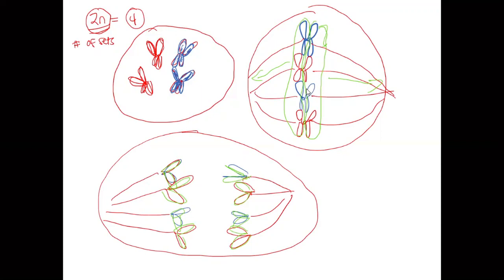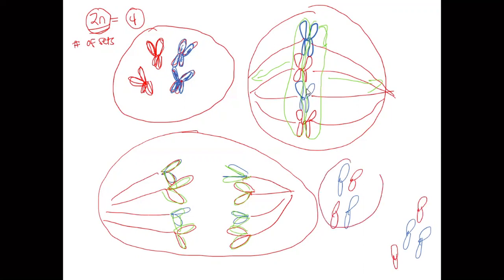two cells with haploidy still similar to the parental cell. Okay, so these are the two daughter cells.